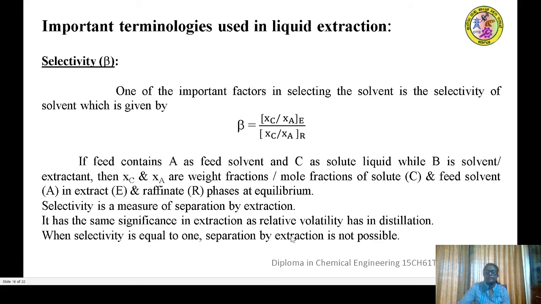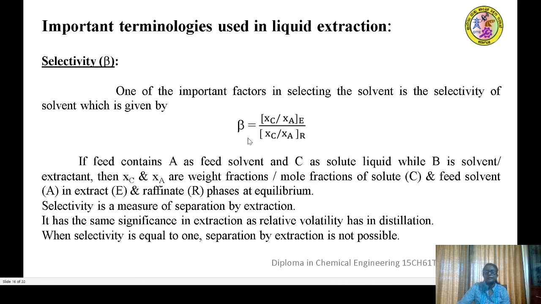So just like how relative volatility, when it becomes 1, tells you that the distillation cannot give you separation, the selectivity also indicates that the separation by extraction is not possible whenever its value is equal to 1.